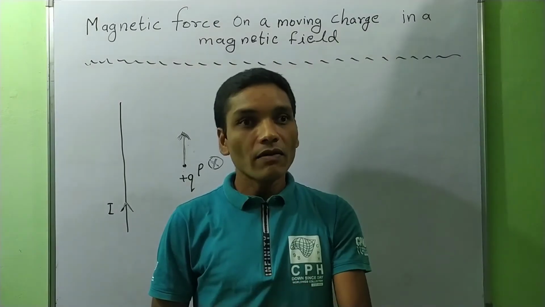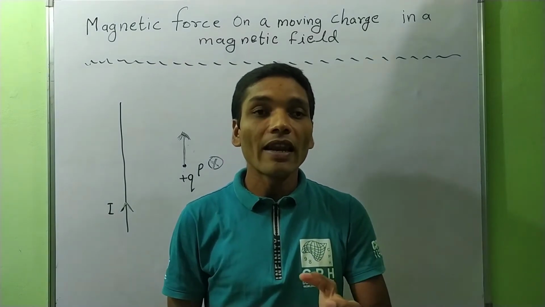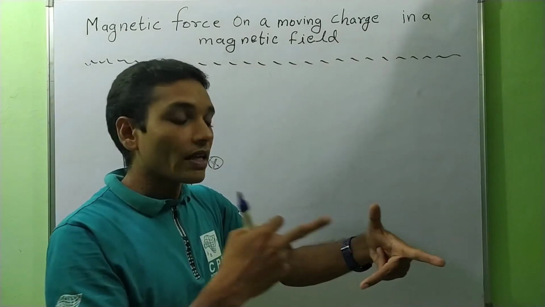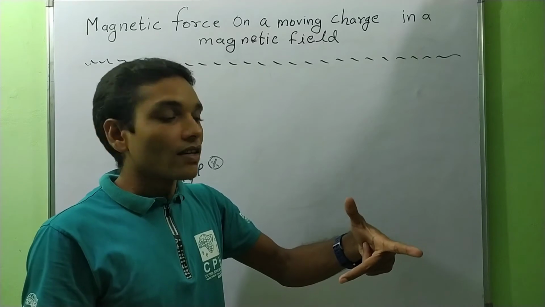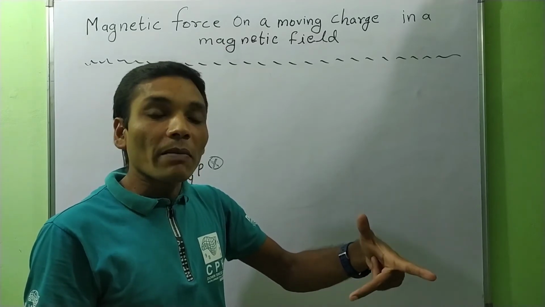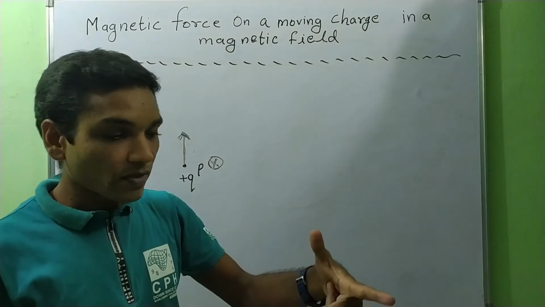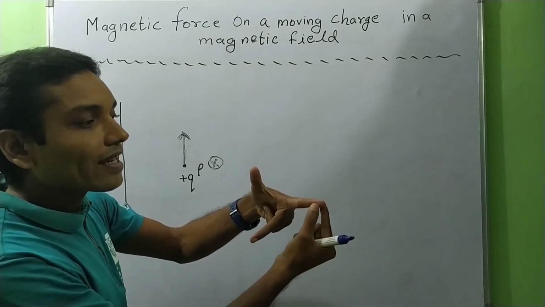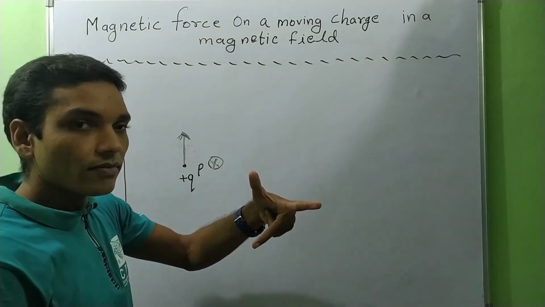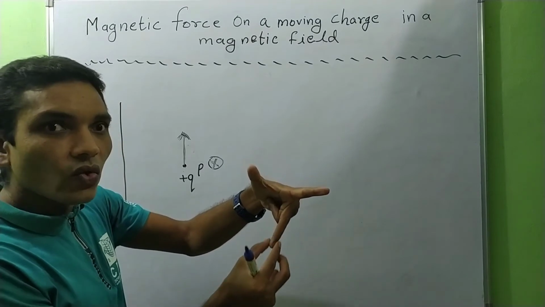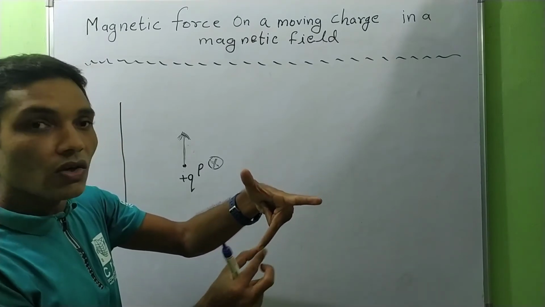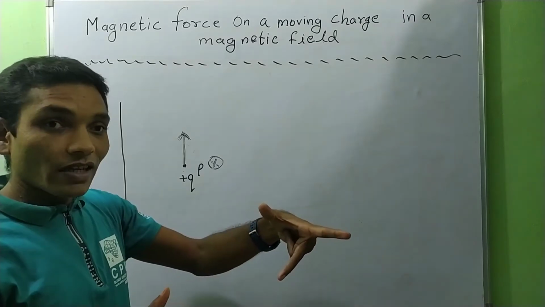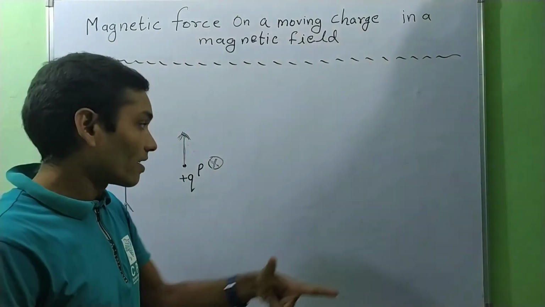Okay, and now we will learn the Fleming's left hand rule. Stretch your thumb, forefinger and middle finger such that they are mutually perpendicular to each other. If the forefinger points the direction of magnetic field and the middle finger shows the direction of motion of the charged particle, then the thumb will give the direction of force on the charged particle.